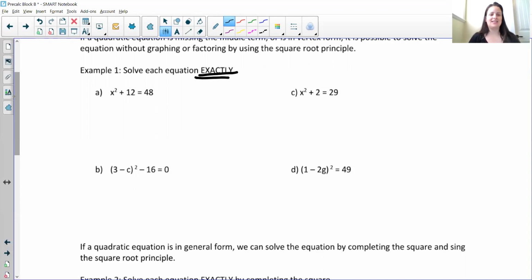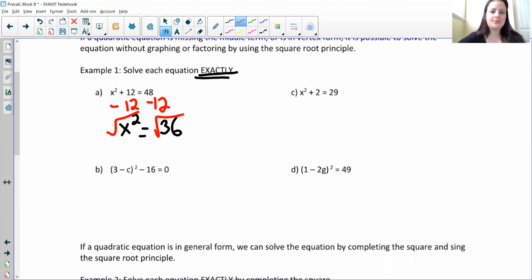All right, so we're going to look at example 1 where it says solve each equation exactly. Here, we're just going to use algebra, okay? We're going to move that 12 to both sides and isolate the squared variable. So we're going to subtract 12 from both sides, and we're going to get x squared equals 48 minus 12, which is 36. Then we're going to square root both sides, and we're going to get that x equals the square root of 36.